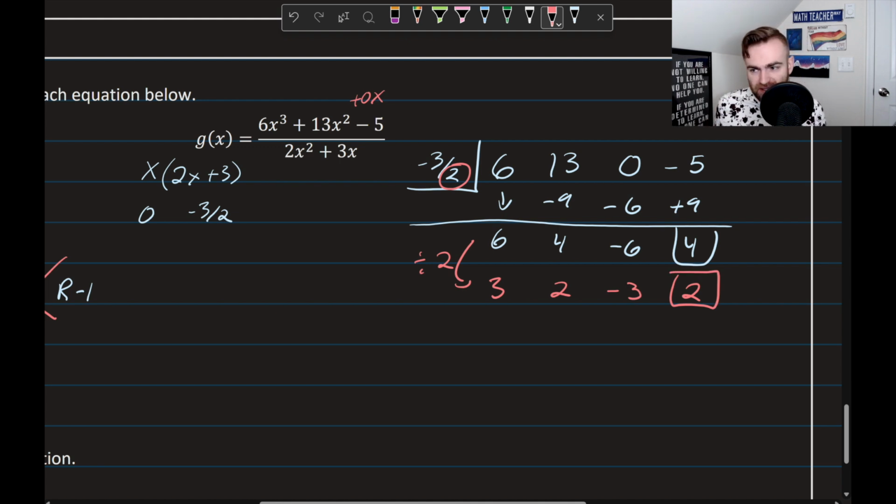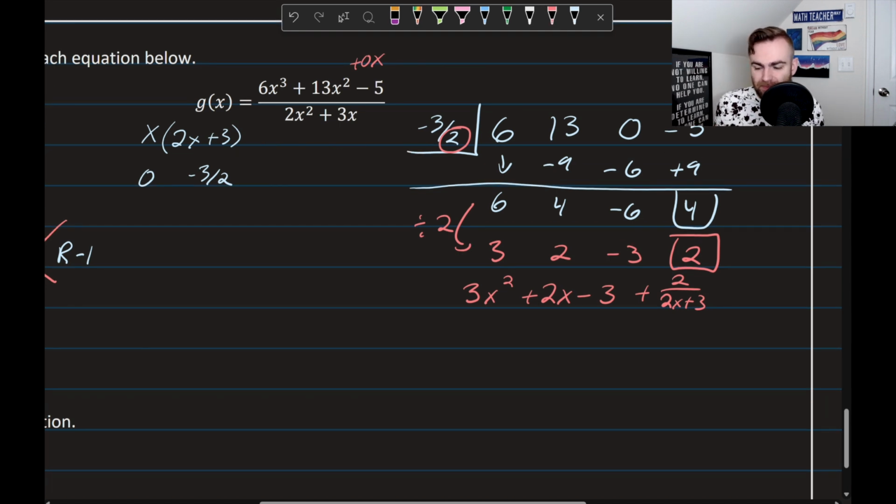What this represents is 3x squared plus 2x minus 3 plus, and then we divided by this term here, so plus 2 over 2x plus 3. So that's how we would technically write the remainder out. We don't have to put that r, we can just do the remainder divided by what we divided by.